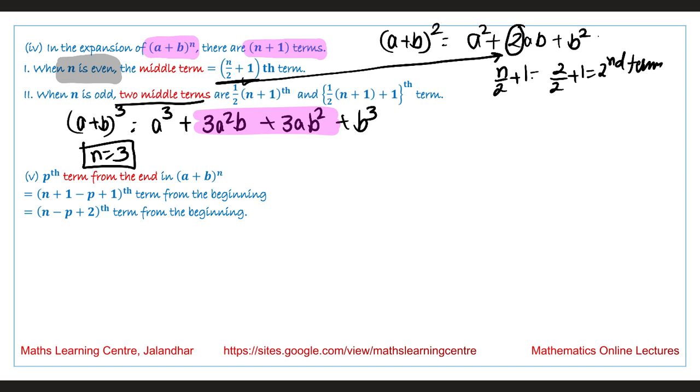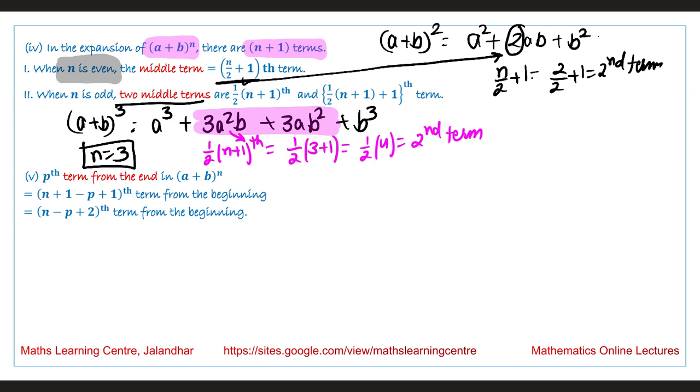So how do we write the formula corresponding to these terms? We write the (1/2 × (n + 1))th term. The answer is 1/2 × (3 + 1), that is 1/2 × 4, that is equal to the second term.